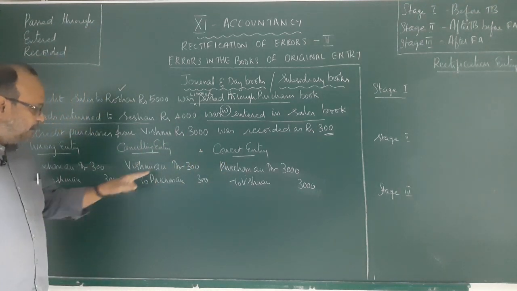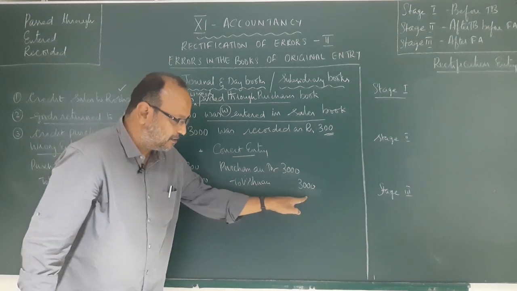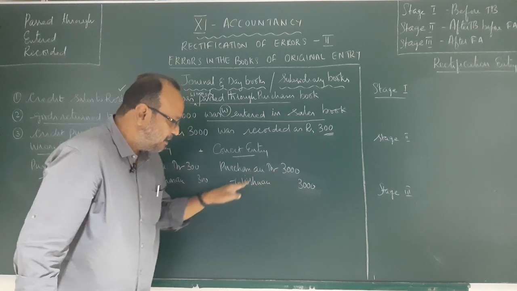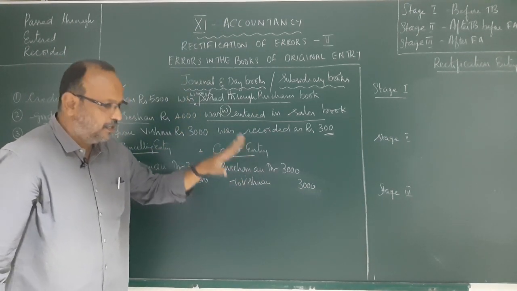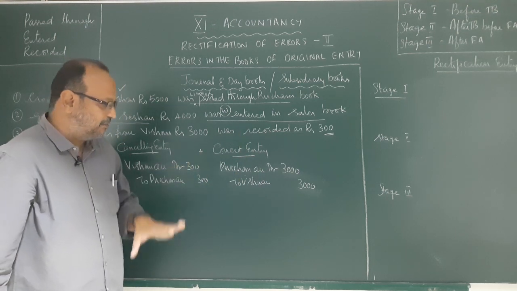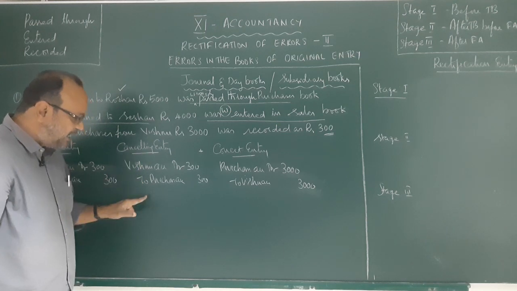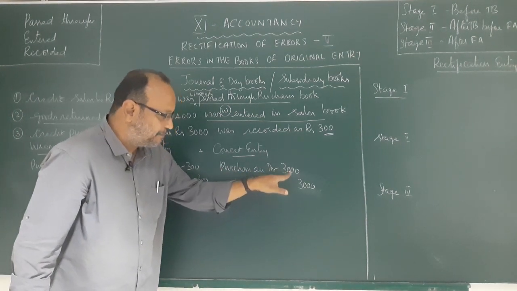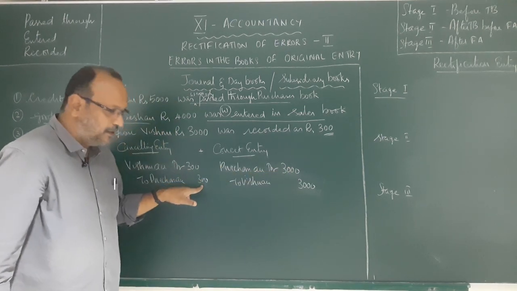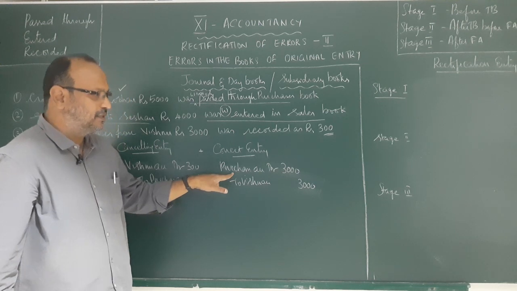Now just check. Vishnu has got a debit of 300 and the credit of 3000. That means what? Credit excess rupees 2700. So Vishnu account has got credit excess 2700. What about purchases? In the cancelling entry, we have credited 300 and we have debited 3000. 3000 minus 300, we got purchase account is excess debit 2700.